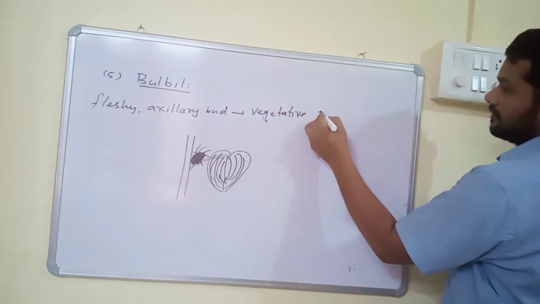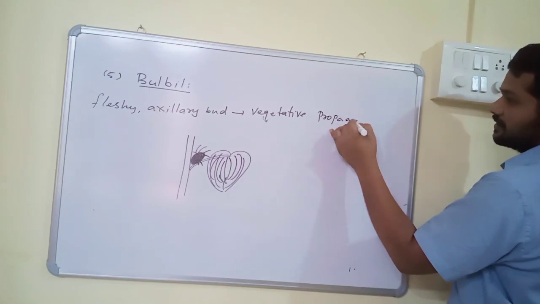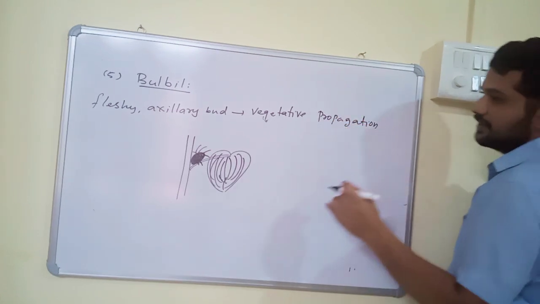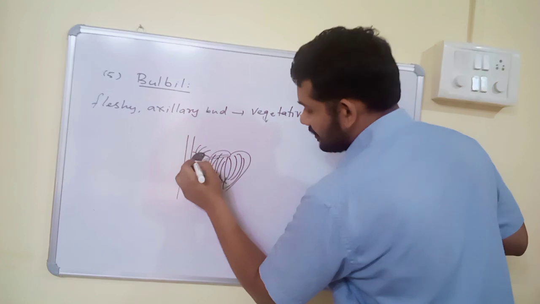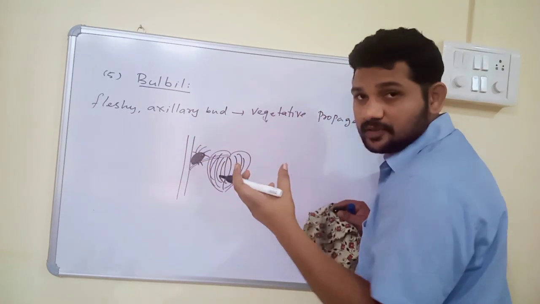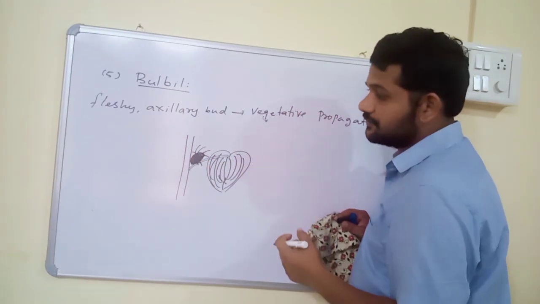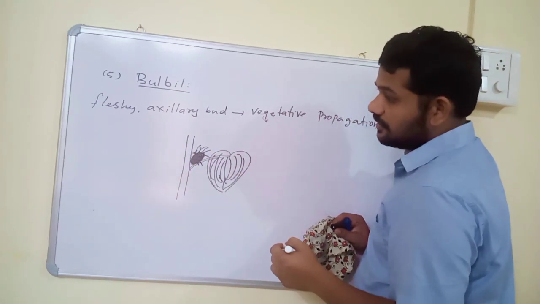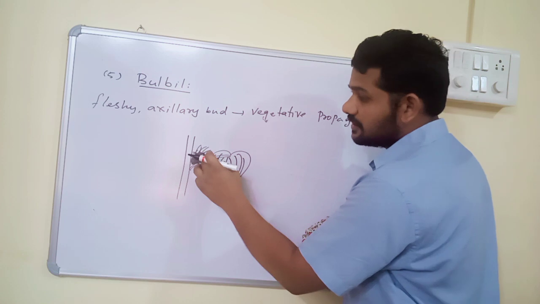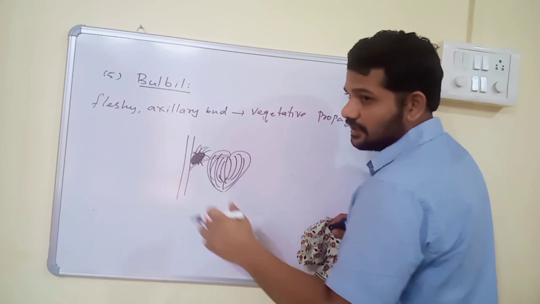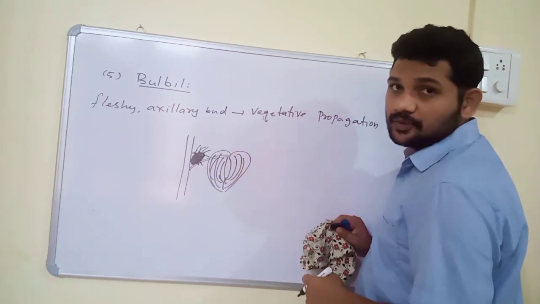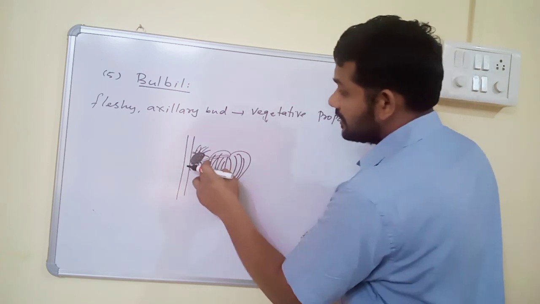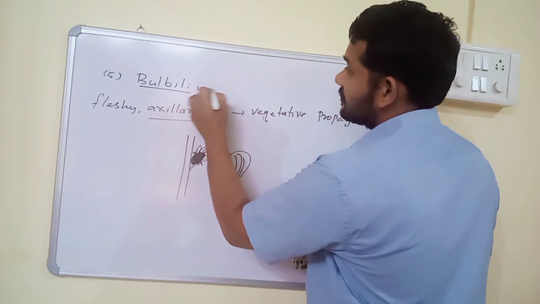It is called bulbil. The auxiliary bud stores the food material and becomes fleshy. At the time of maturation, it also produces some adventitious roots. At full maturation, this auxiliary bud separates from the main plant and becomes an individual. That's why this fleshy auxiliary bud is called bulbil.